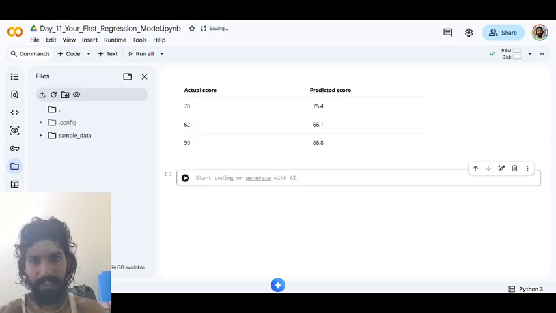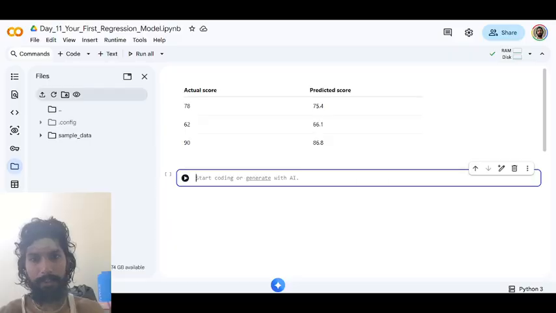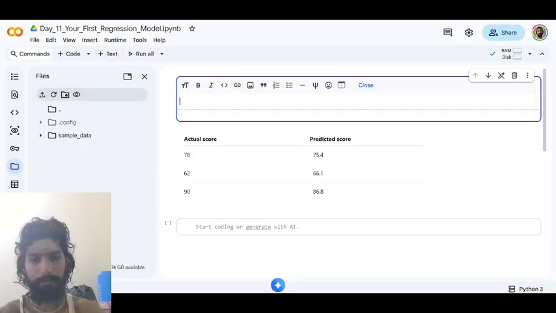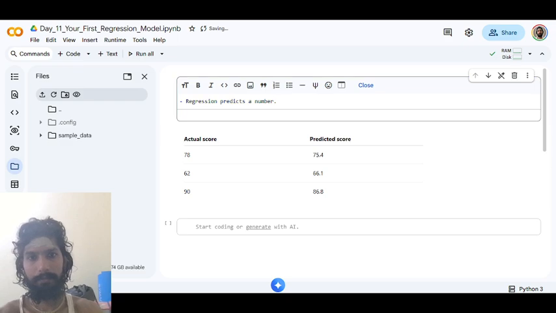So first was regression. Regression predicts a number. That is the first important thing. Then the features are the inputs given to the model.